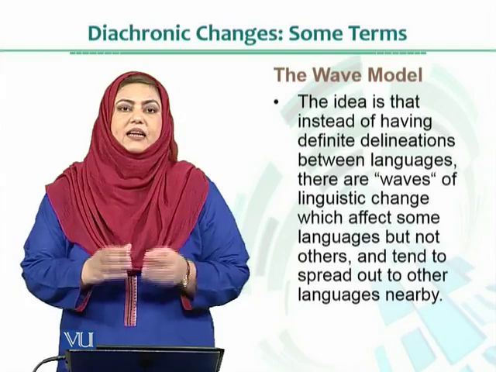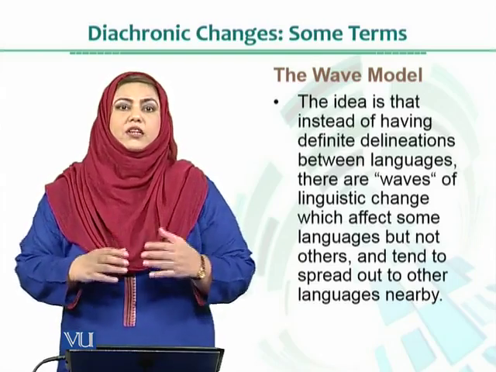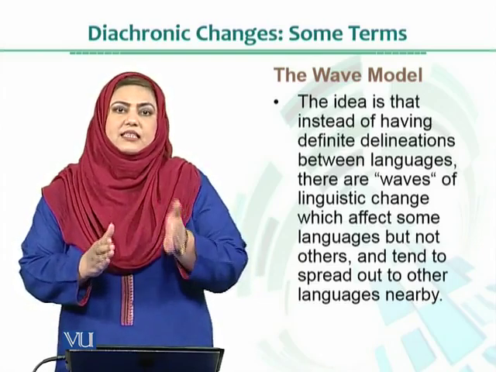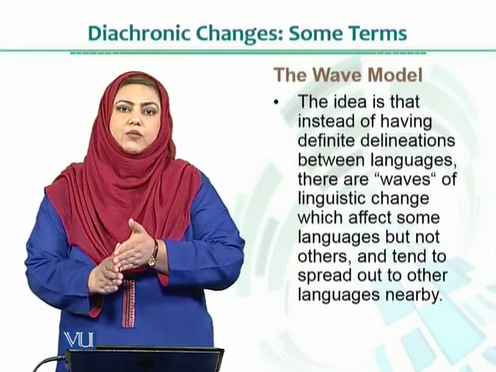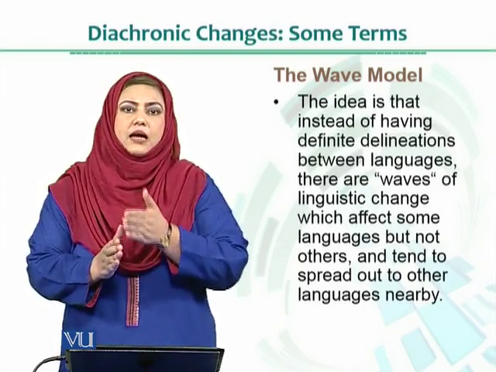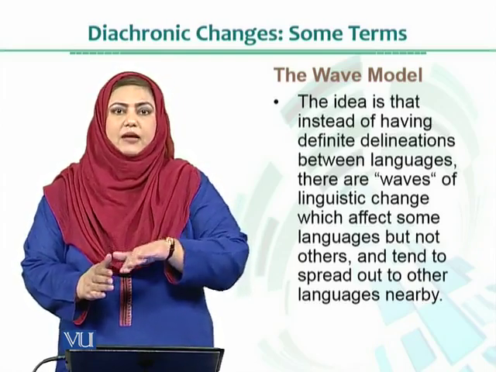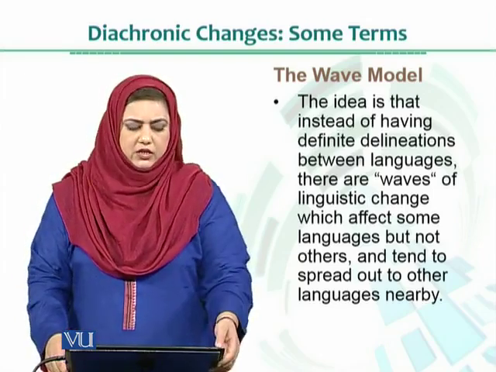A change in a language does not occur in isolation; changes in languages are like waves. A certain change would come that, like a wave, would cover certain languages. However, there would be certain other languages that it would not cover, and this wave-like movement would go on.